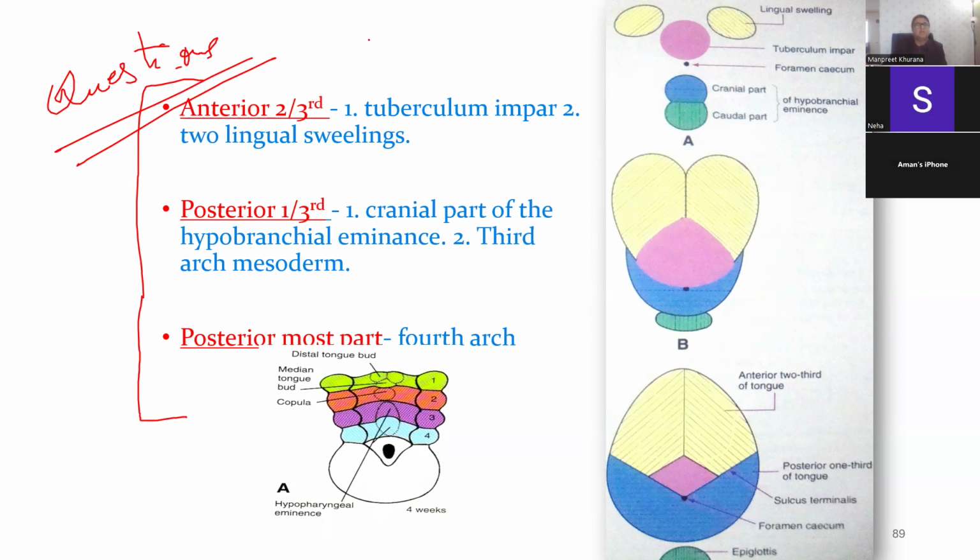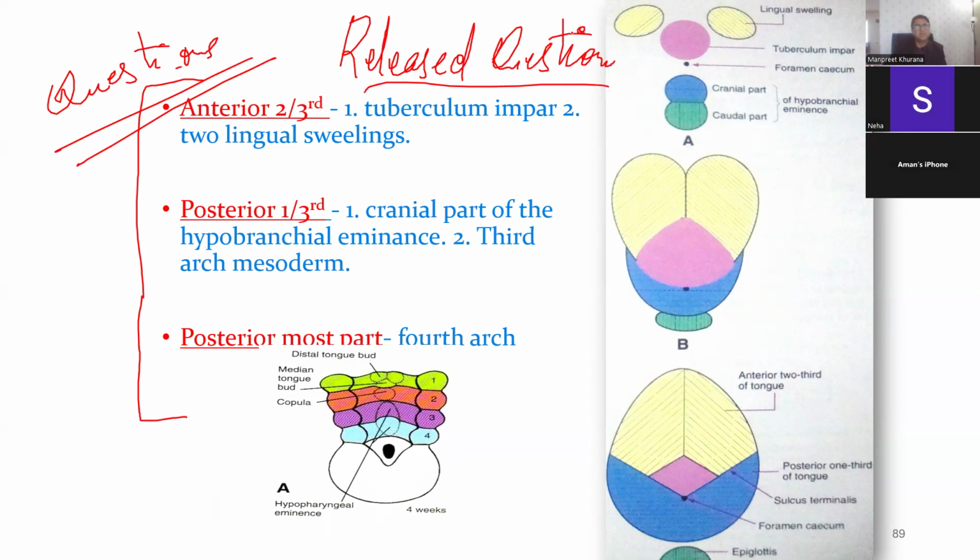Also, there are some released questions of AFK. We'll go through all those released questions as well so that we have an idea where they are mainly focusing. In the next session, I'll also tell you what is the weightage of different subjects in AFK so that we have a decent idea.